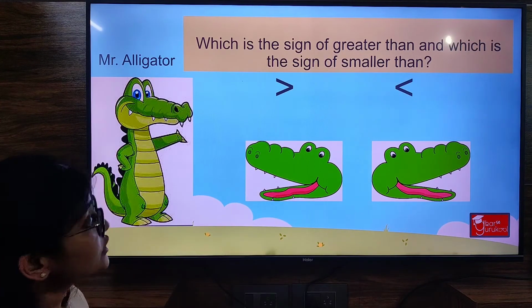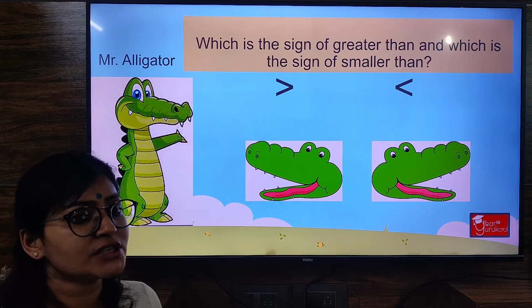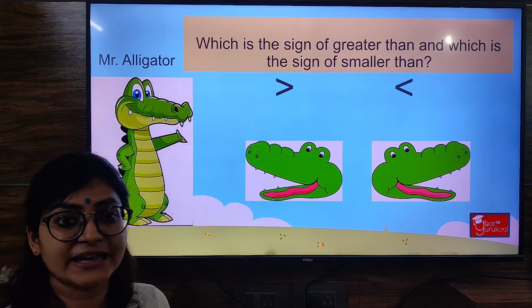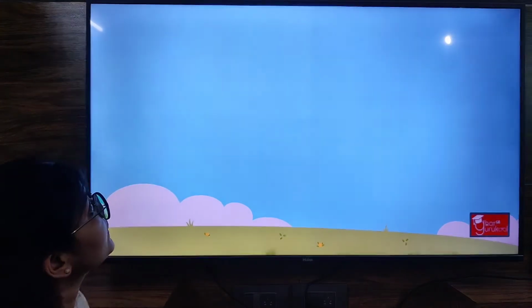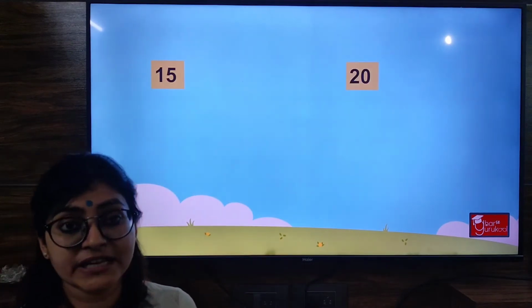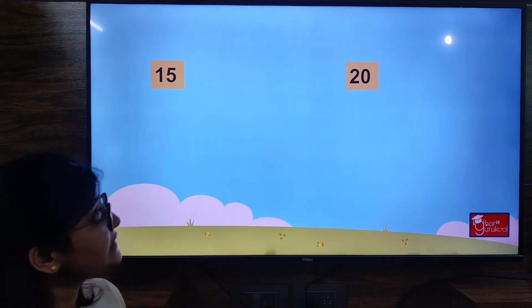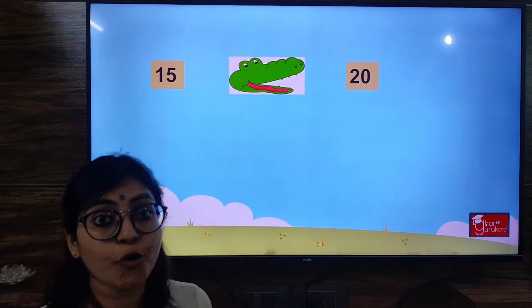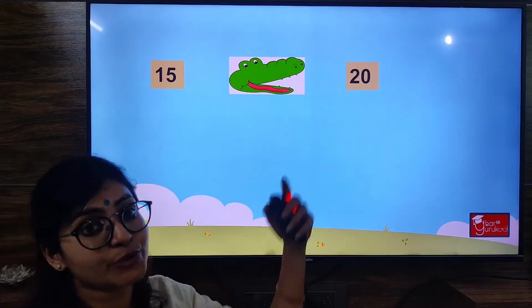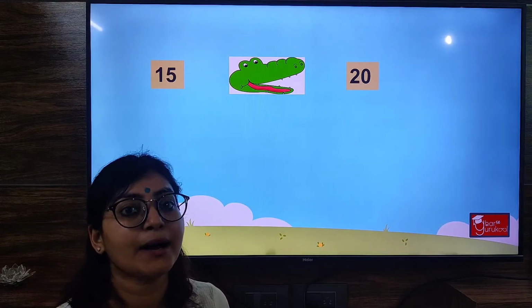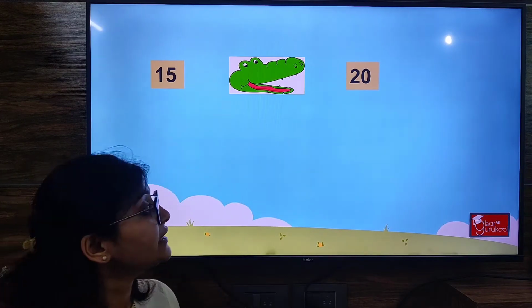So to check if what he is saying is correct or not, I gave him two numbers and they were 15 and 20. So what did Mr. Alligator do? He actually opened his mouth towards 20, which is a bigger or a greater number.